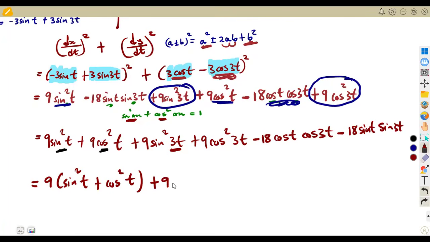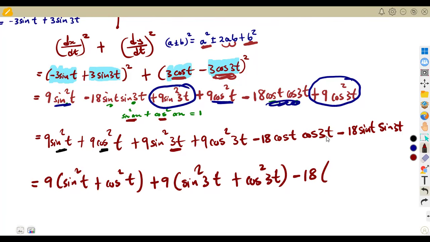So we factor out 9, we remain with sine squared 3t plus cos squared 3t. If we were to factor out a negative 18, which is common, this is what is going to happen. I want us to be careful on this one.